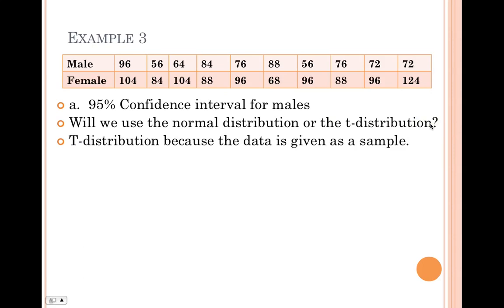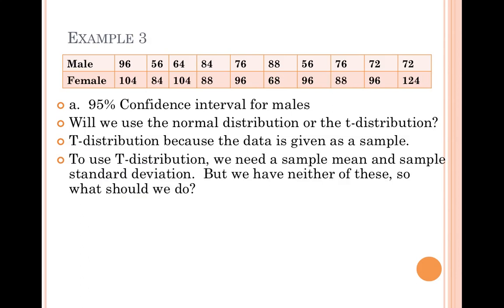The data given is a sample, and so we have access to finding its sample standard deviation. We also need the sample mean, which is not given to us here. So on our calculator, the feature that we use to get the sample mean and the sample standard deviation is 1-Var Stats.